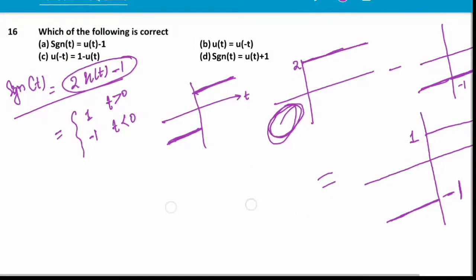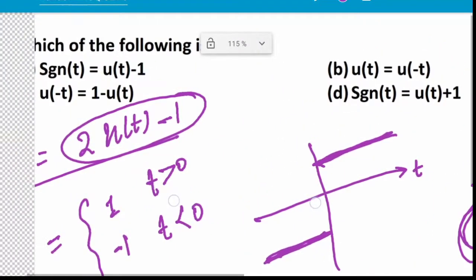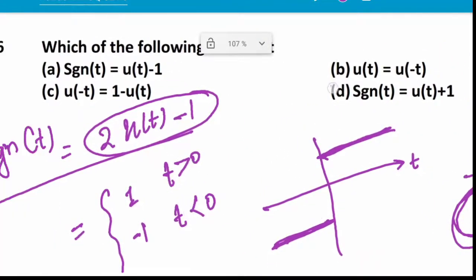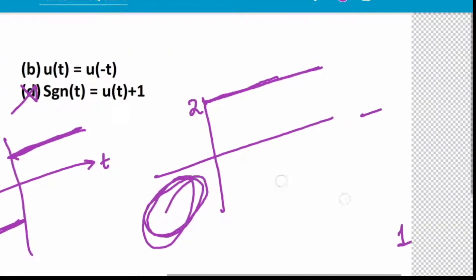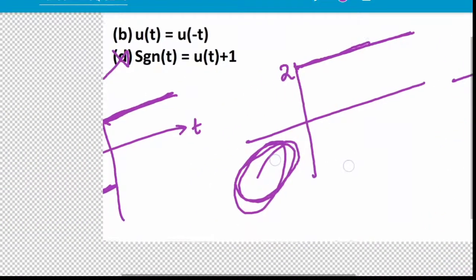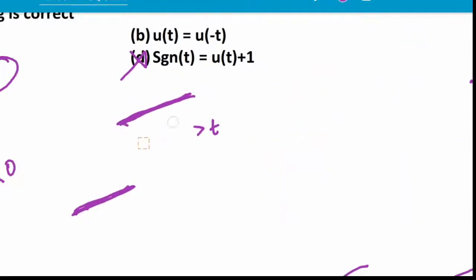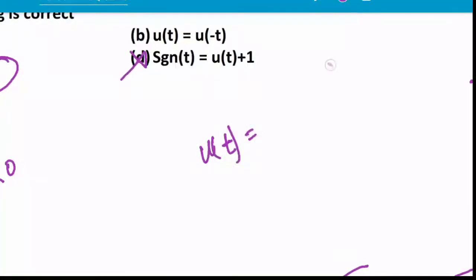So here, for the signum function, options A and D are not correct. Option B is given, u(t) is equal to u(minus t). This is also not correct, because u(t) is given like this.